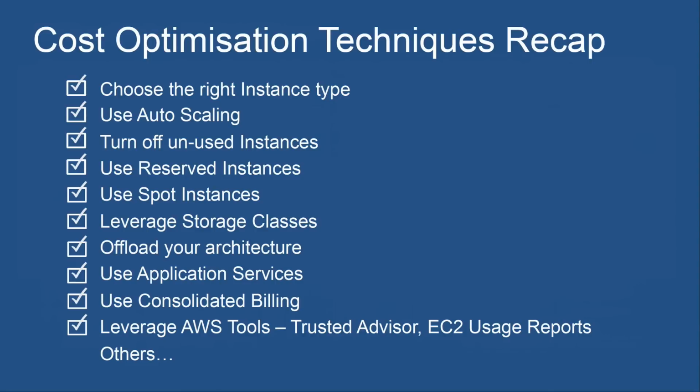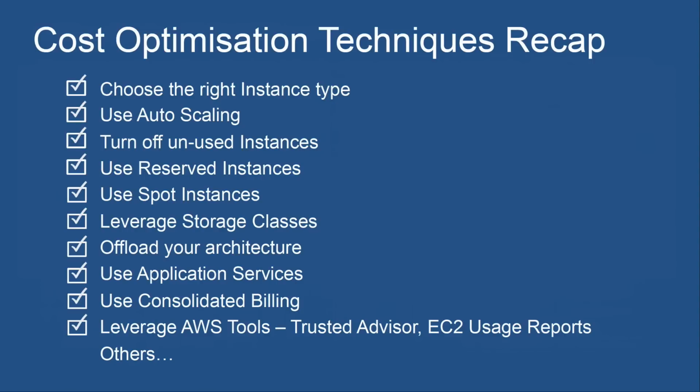Just to quickly recap the 10 things we talked about: choosing the right instance type and making that an ongoing process, assessing over time that you're using the right instance type; using auto scaling to turn up and turn down your capacity in response to metrics; switching off unused instances, for example in development environments, using tools for automating that and for recreating those environments as well.